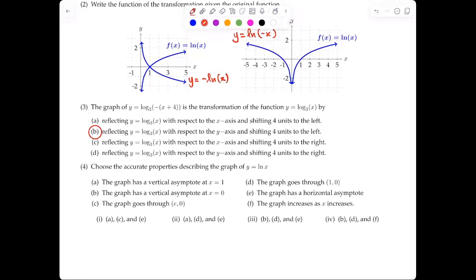Right, so you analyze this function as well. So the domain is x greater than 0, so x equal to 0 is the vertical asymptote, not x equal to 1. So A is not going to be the option. So 1i and 2i are not going to be choices.